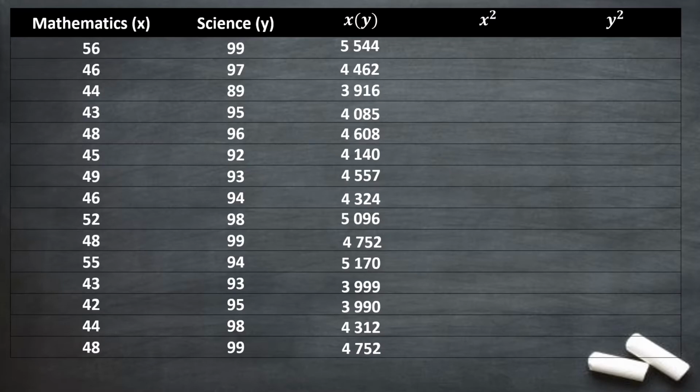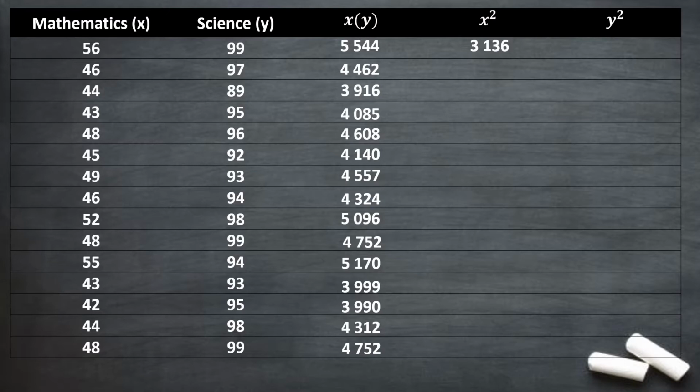Next is for x squared. All you have to do is square the numerical values in the x column. For the first row, we have 56 multiplied by 56 or 56 squared. The answer is 3,136. Next numerical value is 46, so 46 times 46 or 46 squared.